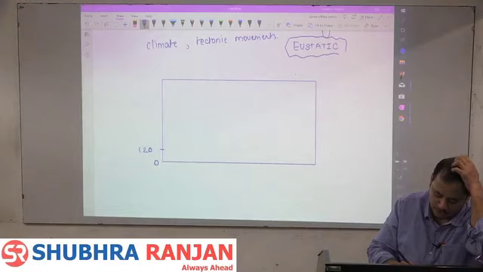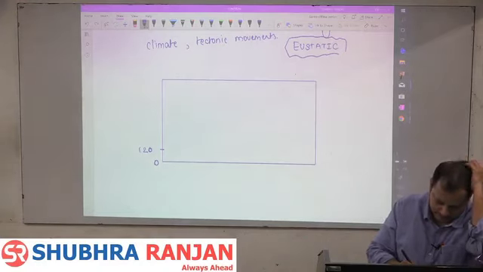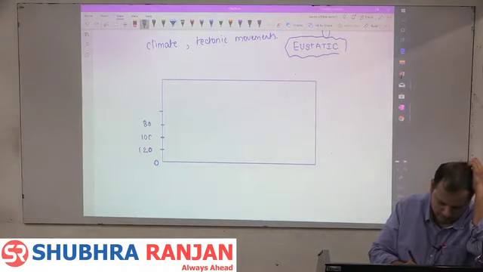Eustatic changes are caused due to ice age followed by warm periods.